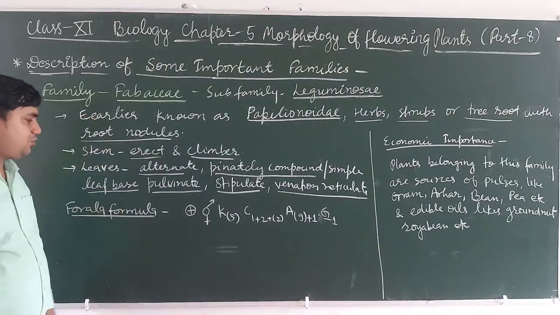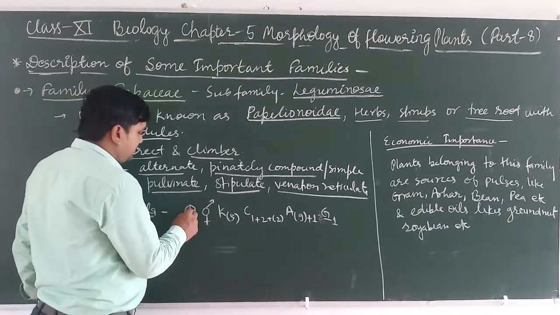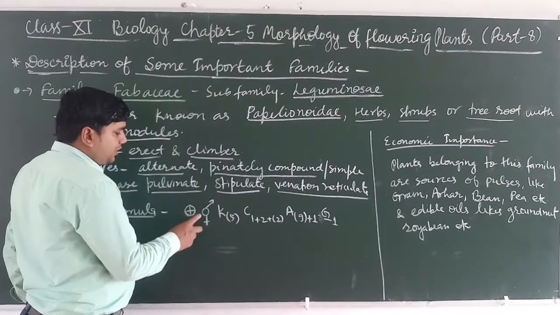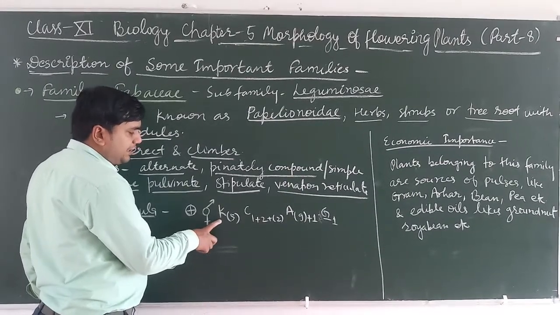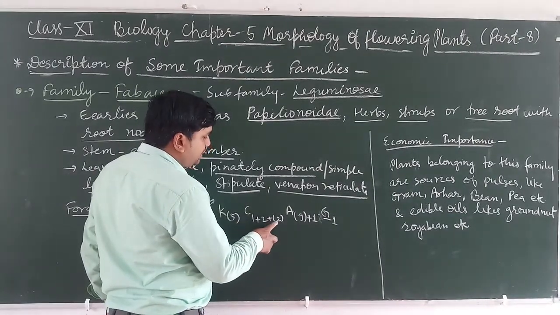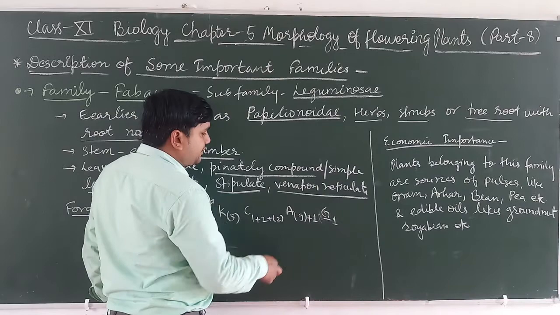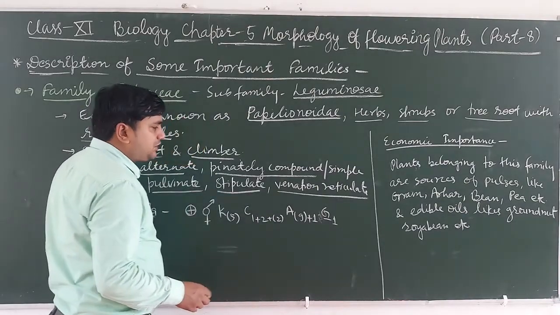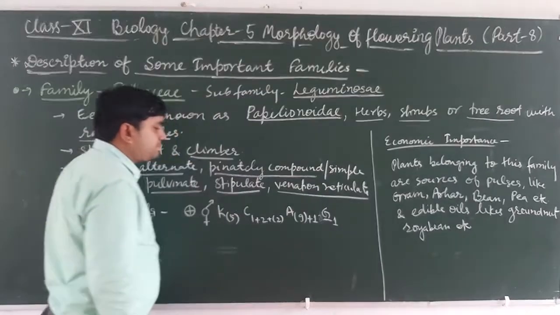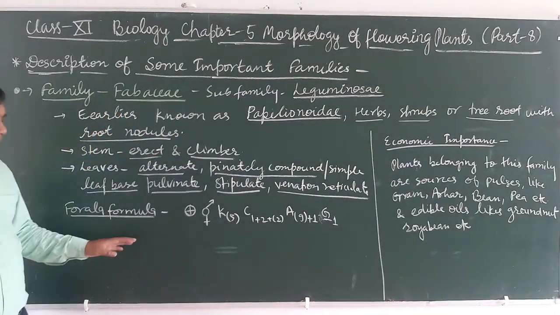Their floral formula is this one. They are actinomorphic or zygomorphic, bisexual, calyx 5, corolla 5 with 1+2 ratio, fused, androecium 9+1, that is 10, and they have a superior ovary, that is 1 in their floral formula.